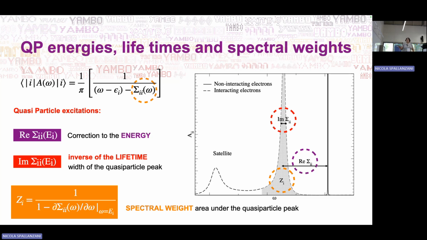So the imaginary part of the self-energy gives the broadening, and this is also related to the lifetime of the excitation. Imagine that to excite an electron, it is excited to a high energy state, it can decay to lower energy states.